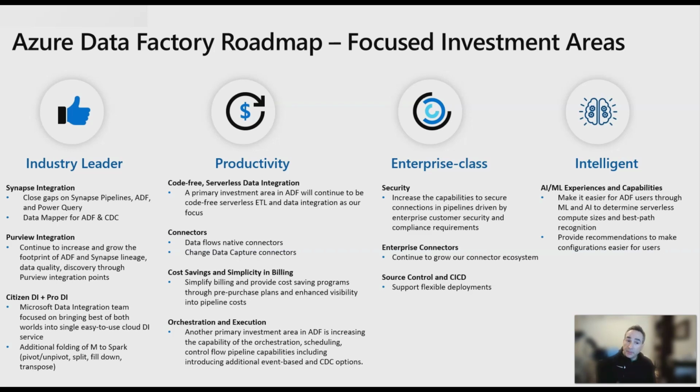Like I said earlier, we're going to continue to grow the Purview footprint within Data Factory, and then we're also going to put a lot of focus continuing in connectors, more native connectors for data flow, more change data capture connectors. I'm going to demo some of the change data capture capabilities we have today in just a little bit. And then of course we're also going to continue to grow our capabilities in CI/CD, scheduling and control flow.